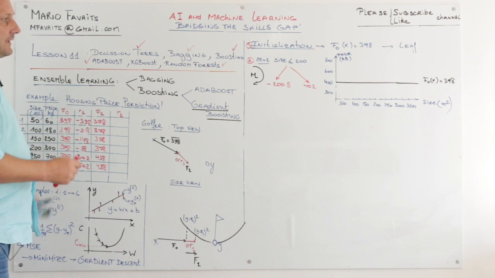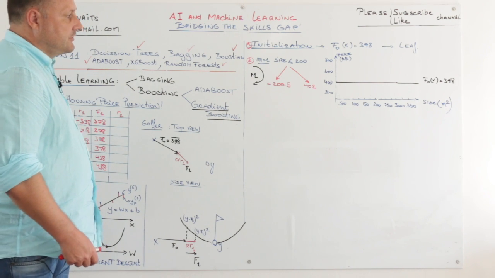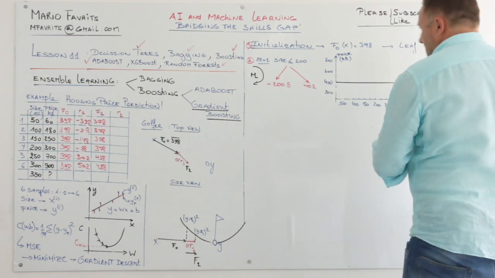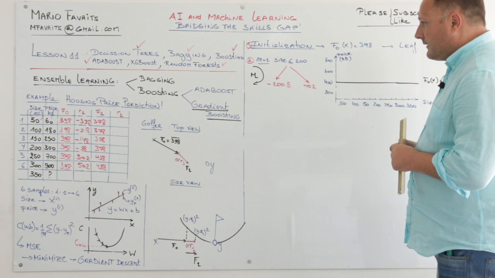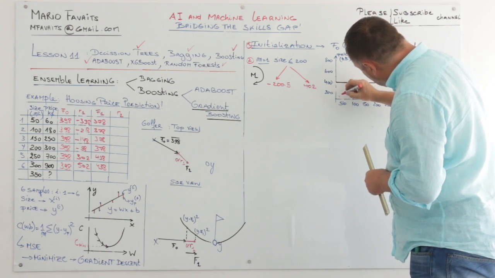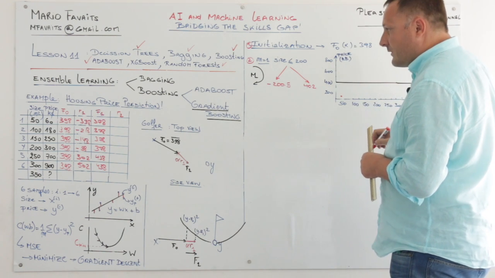So let me draw the residuals on this graph. Here we have roughly minus 338, it's going to be here a little bit. Here is 50, going to be here.